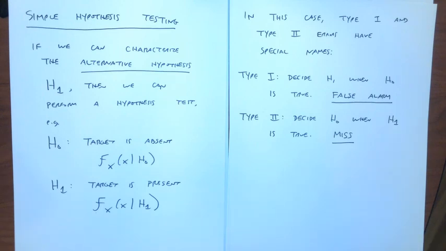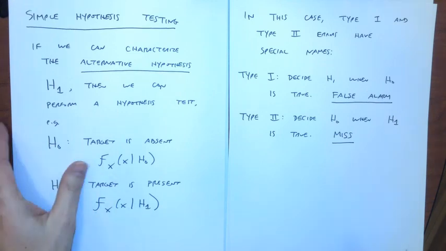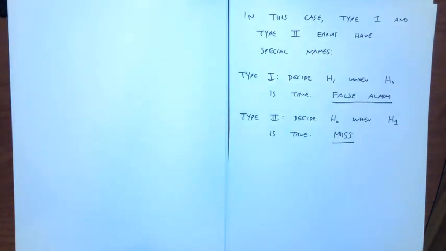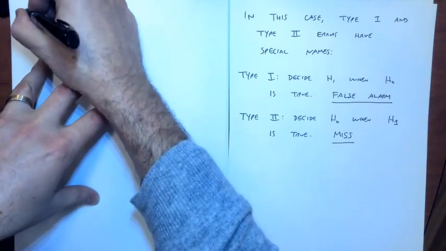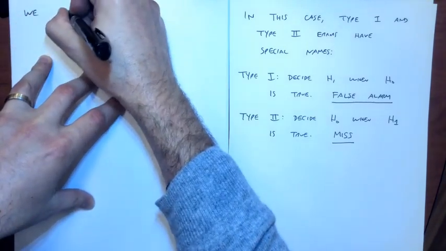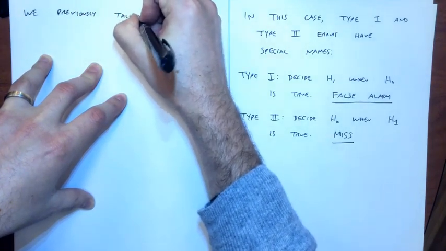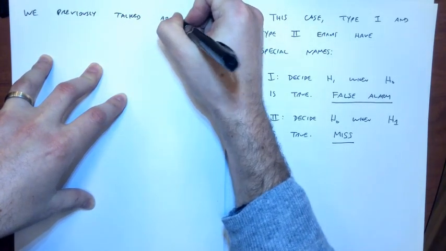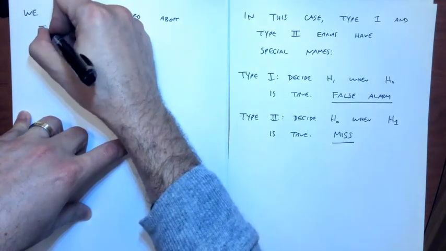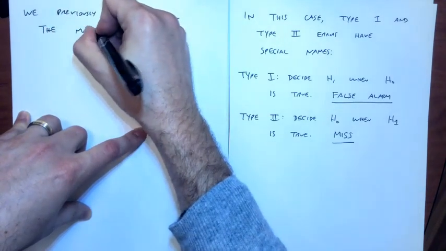And just like in the last lecture, there are different ways of trading off how these errors are weighed. For example, last time we previously talked about what was called the maximum likelihood test.